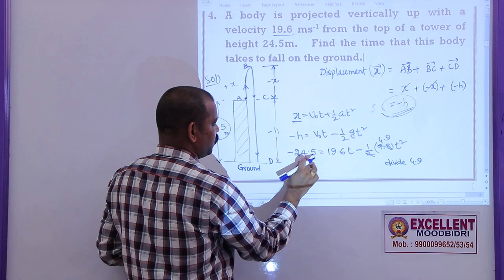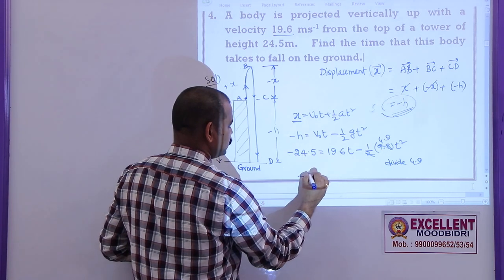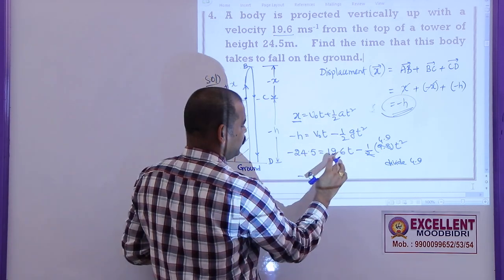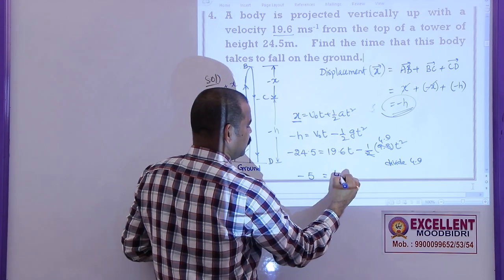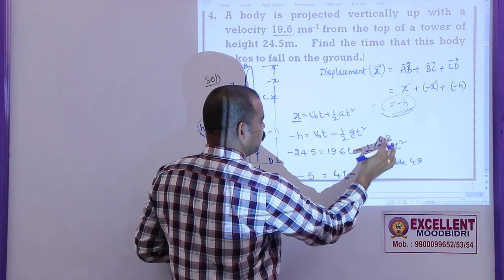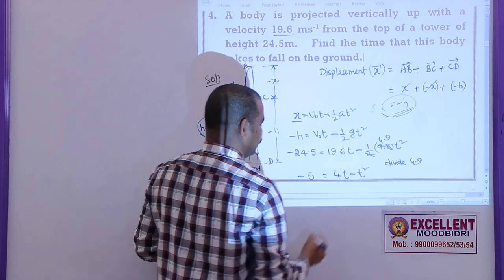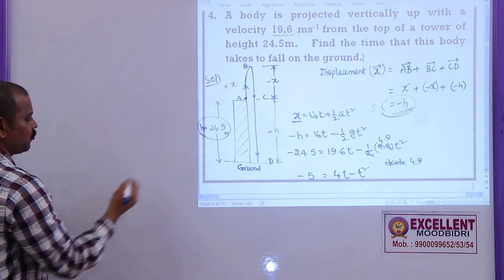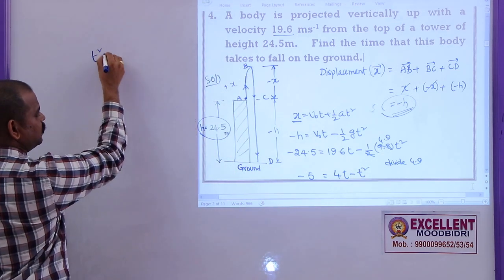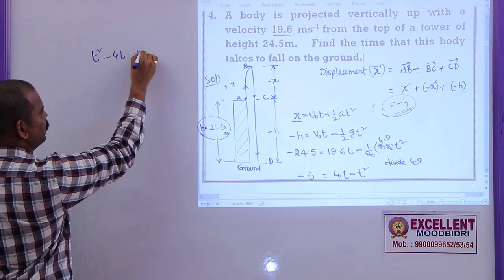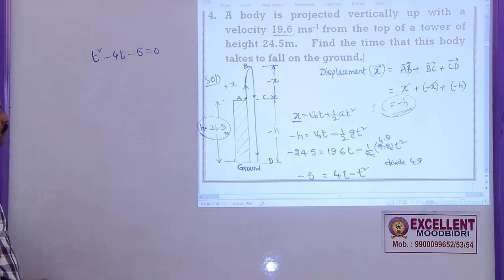So, 24.5 by 4.9, this is minus 5. 19.6 by 4.9 is 4t. 4.9 by 4.9, that is t square. So, we got a quadratic equation, which you can write as t square minus 4t minus 5 is equal to 0.